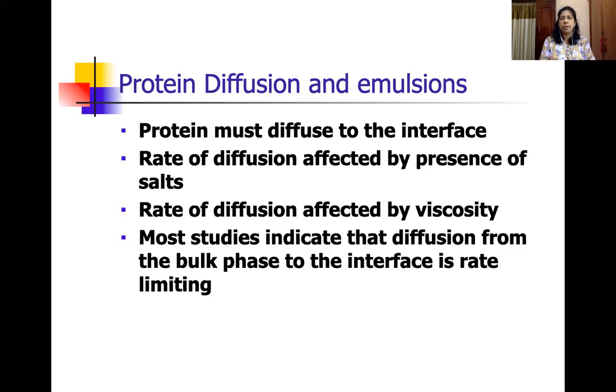Therefore, it is very important to make a good emulsion. Most studies indicate that diffusion from the bulk phase to the interface is rate limiting. Therefore, that means the rate of diffusion from the bulk phase to the interface is limiting.